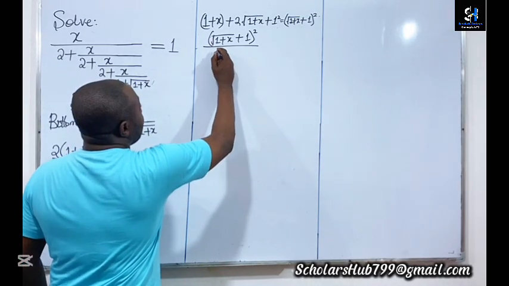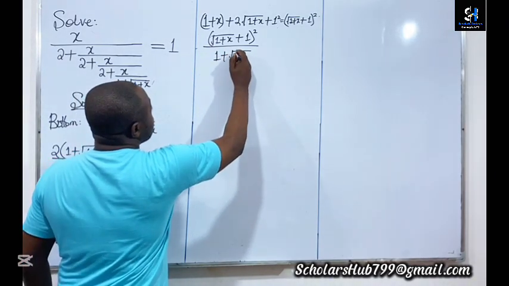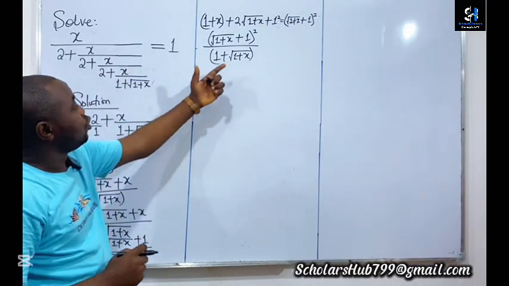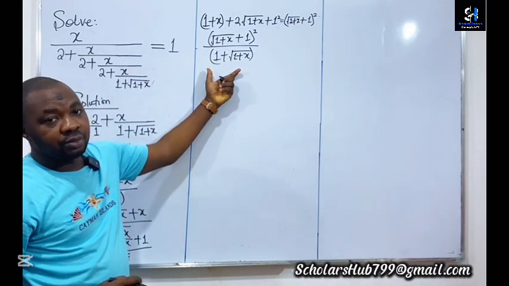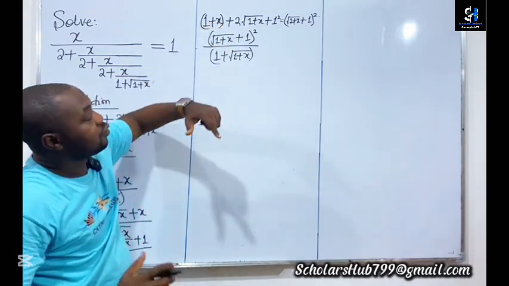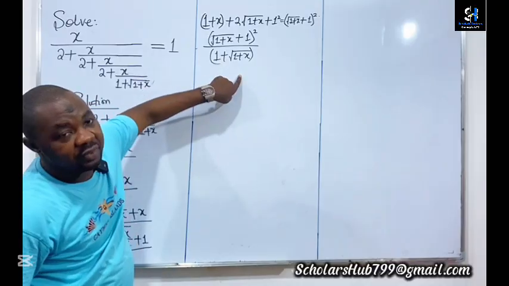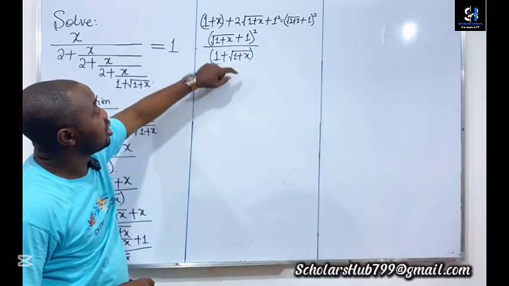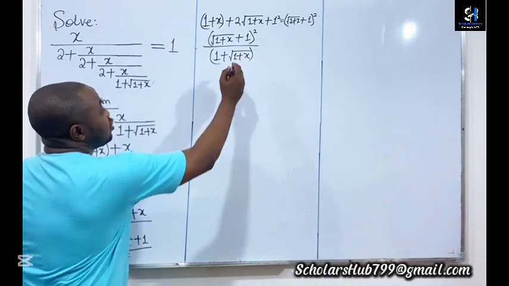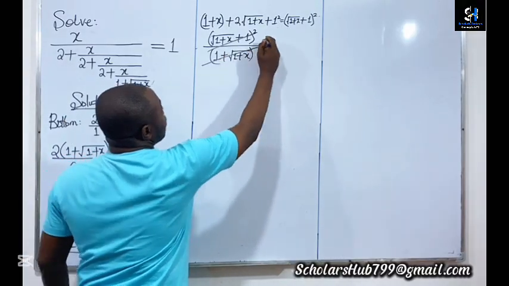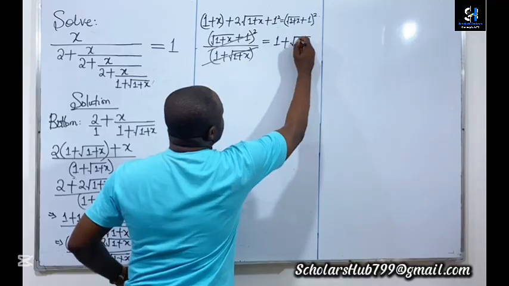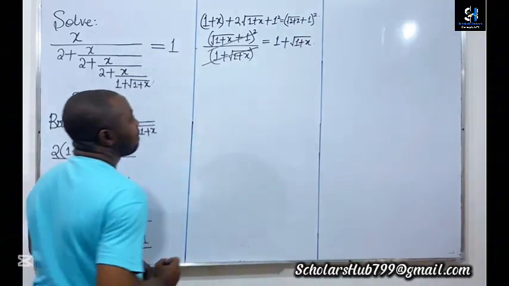Now, in the numerator we have the square of what we have in the denominator. So when we divide, this will reduce to 1 plus root 1 plus x.